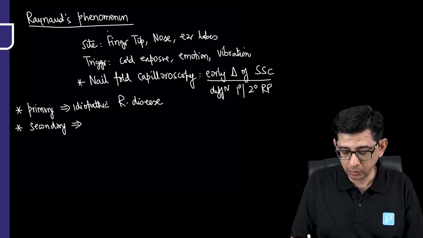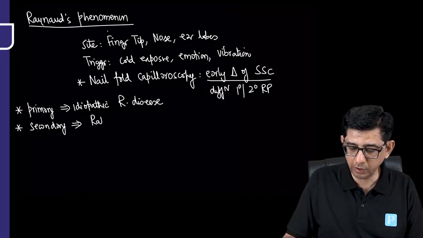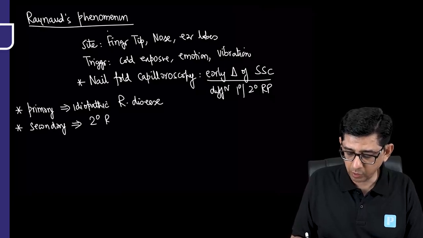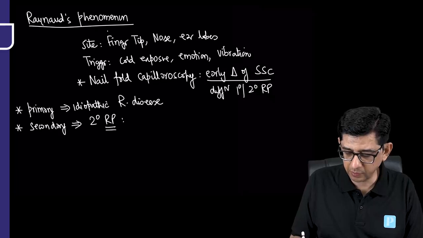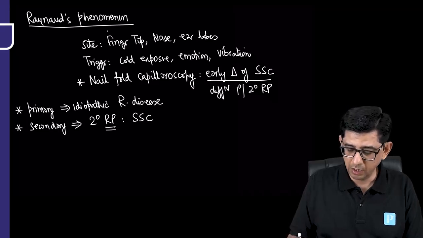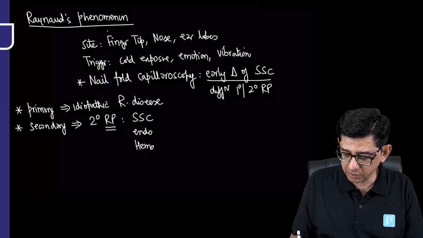So there are two terms to be remembered. One would be Raynaud's disease, and second is this term secondary Raynaud's phenomenon. I've written secondary Raynaud's phenomenon for the current disease that we're discussing, that is systemic sclerosis. In fact, a couple of endocrine diseases as well, a couple of hematological conditions as well.